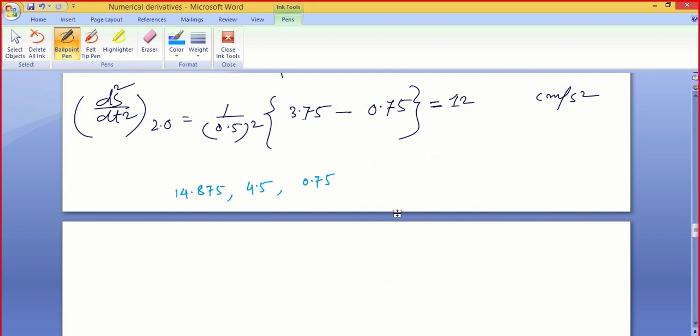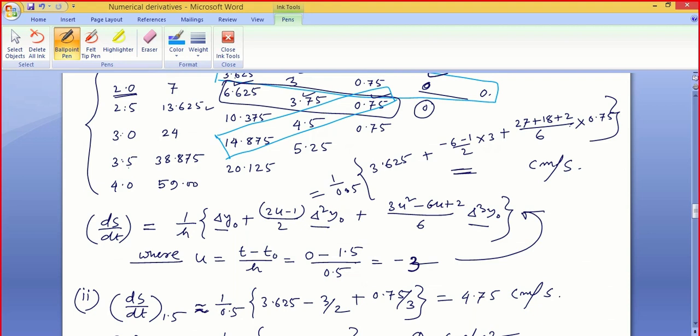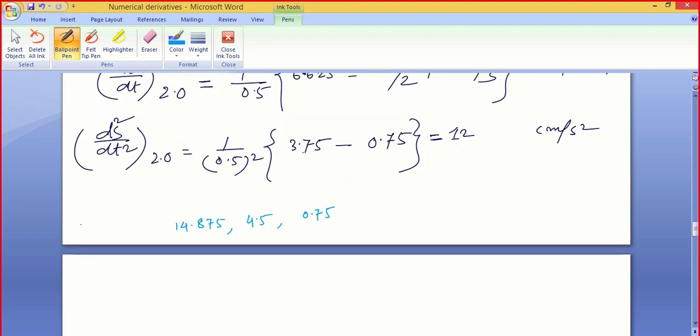These three values will help you to calculate the velocity and acceleration at 3.5. This is for remembering purpose I have written. Okay. Question number 15.